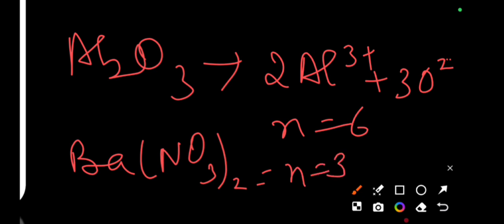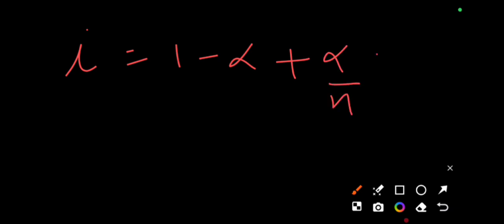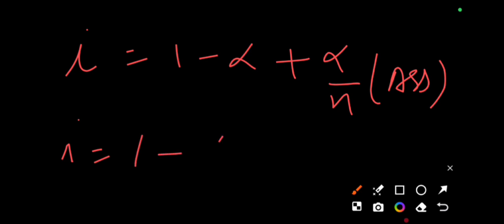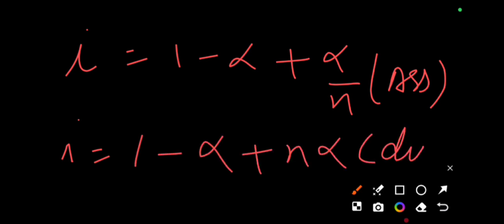How many ions are formed here? Barium 1, and nitrate 2. So this is a very important formula. Again I will write here, i is equal to 1 minus alpha plus alpha by n for association, and i is equal to 1 minus alpha plus n alpha for dissociation.